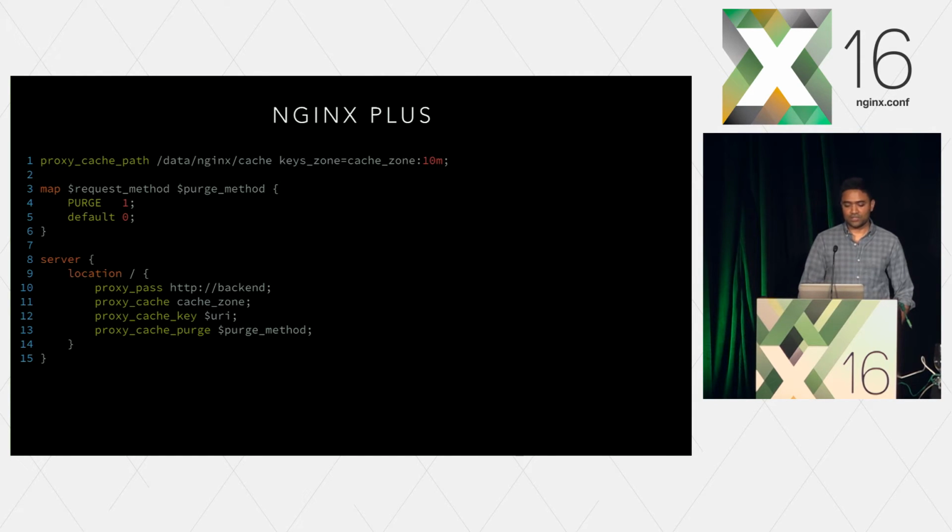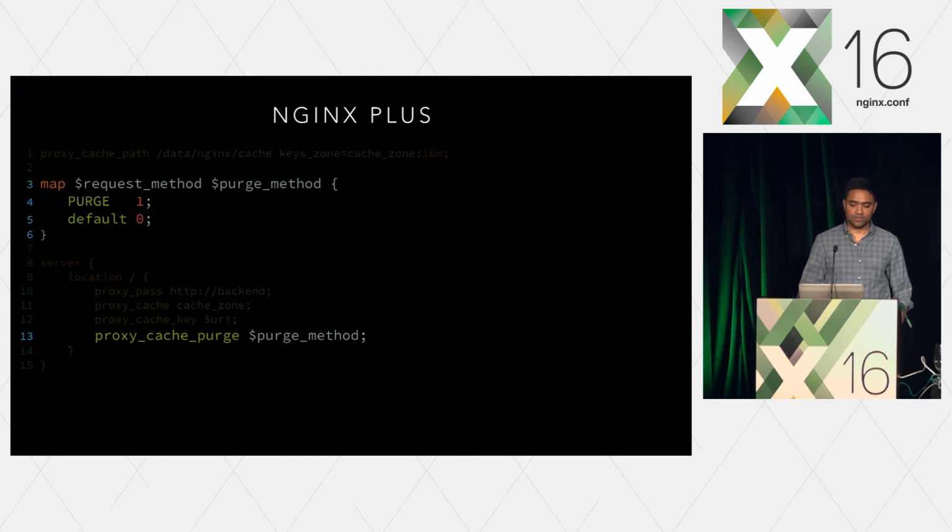This is a full config, and more specifically, the line at number 13 is the one we care about. It just says proxy_cache_purge, purge method. And again, the assumption is that you'll put it in a location block that has proxy_cache already set up. And the map will do the purge when it's a purge method.